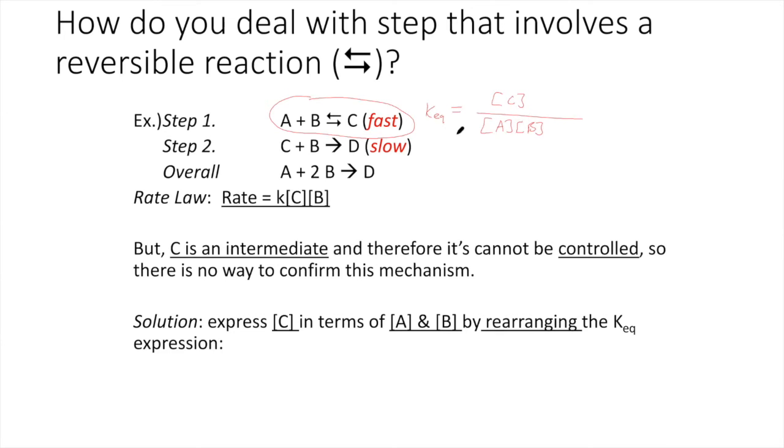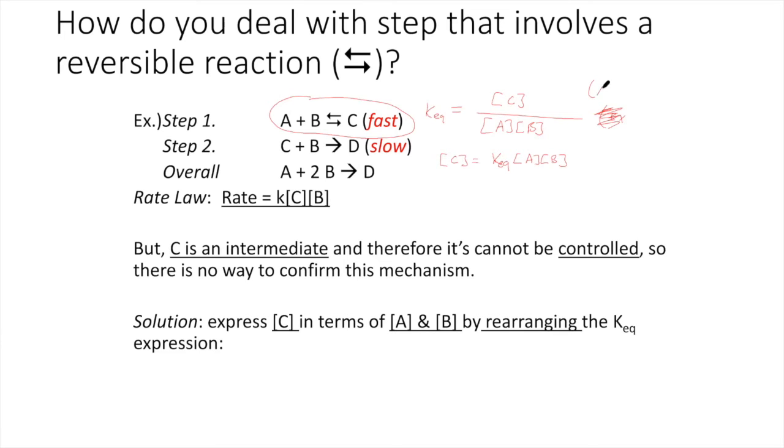So what I can do now is rearrange this, and say that the concentration of C is going to be equal to the Keq times the concentration of A times the concentration of B. See what I did there? I just multiplied both sides by the, oops, forgive me.